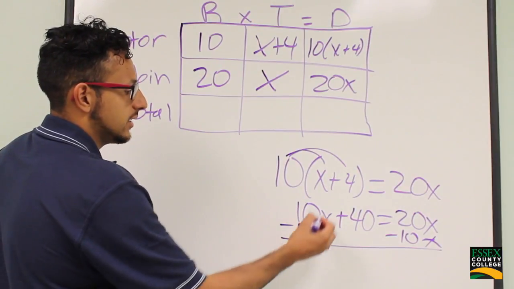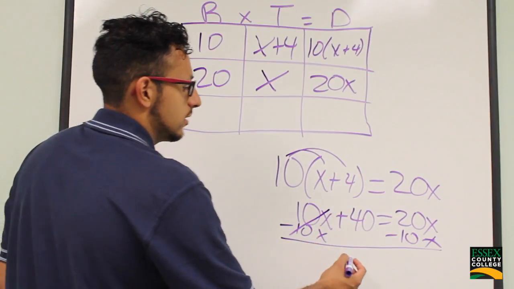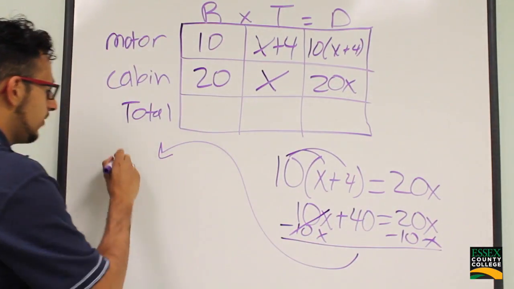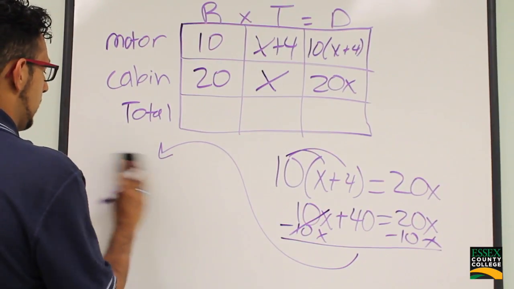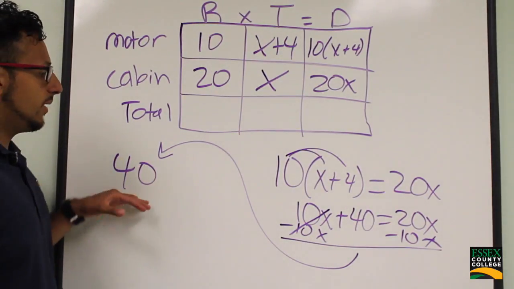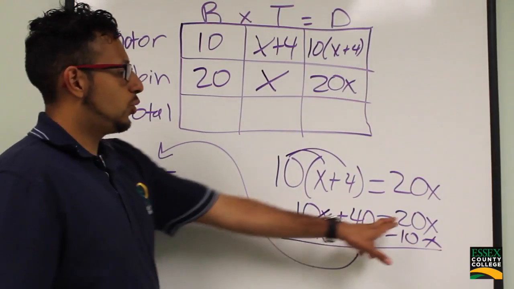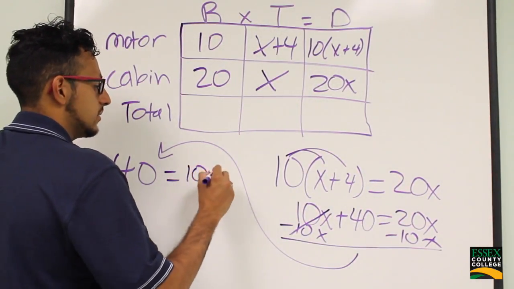10X minus 10X cancels out. So we're left with 40. So I'm going to bring the work over here. I'm left with 40 on this side of the equation, which equals 20X minus 10X, which is 10X.